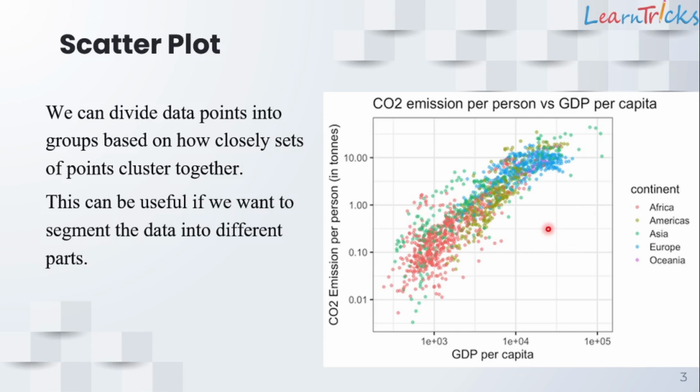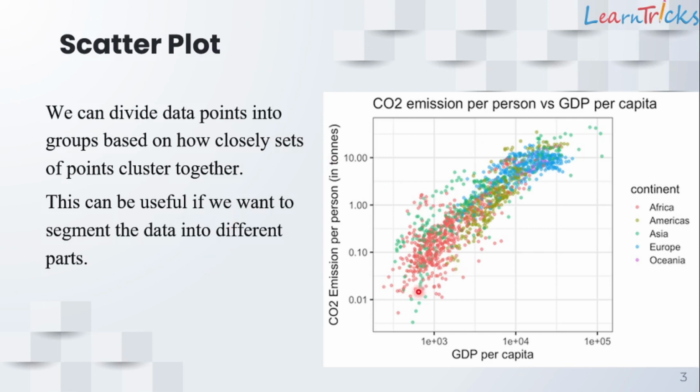We can also find out which continent has less GDP or less CO2 emissions, and which has higher GDP with higher CO2 emissions. We can easily identify that Africa and some Asian countries have less GDP and less CO2 emission compared to Europe. Europe has higher GDP and higher CO2 emission, right?